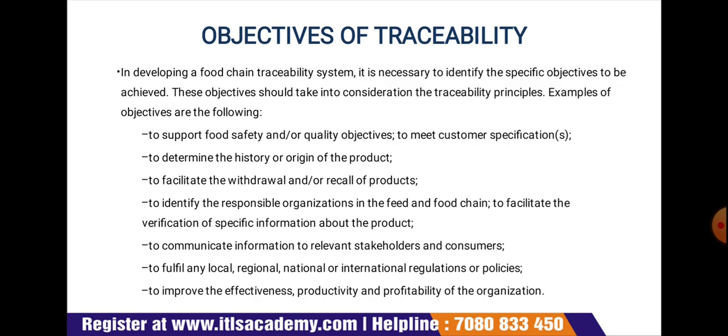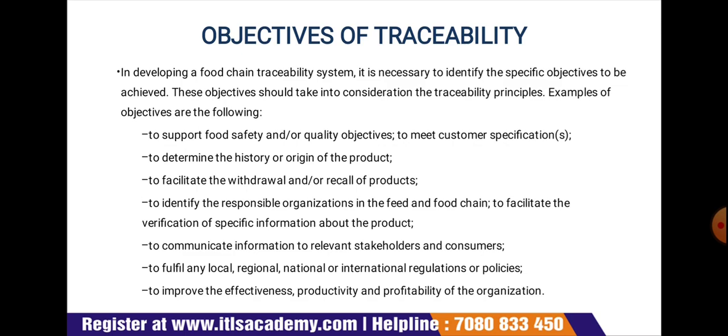Here are the main objectives of traceability. In developing a food chain traceability system, it is necessary to identify the specific objectives to be achieved. These objectives should take into consideration the traceability principles.